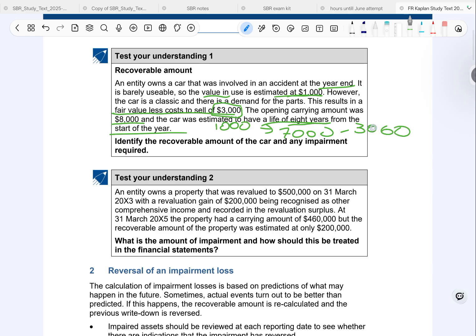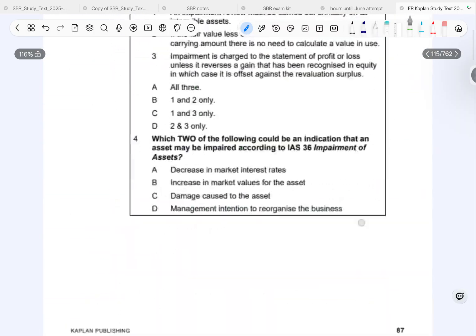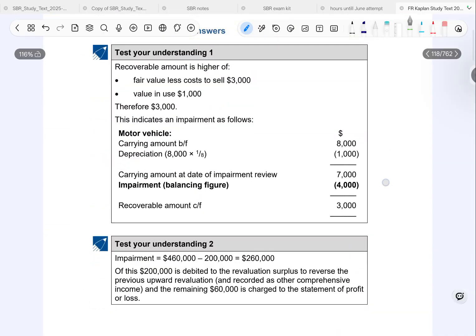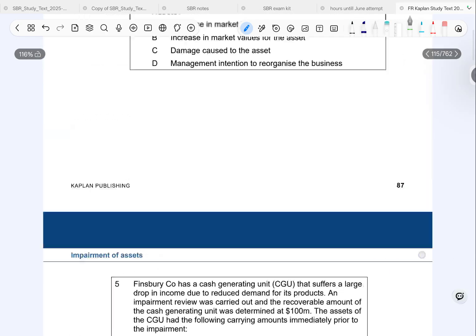So this is the amount which we need to get after impairment. So we have an impairment of 4,000. We need to get 3,000. That's why we are going to impair it by 4,000. Let me just check. Now even I am confused. Sorry guys. Yes, that impairment is our balancing figure, and that's why it is 4,000.